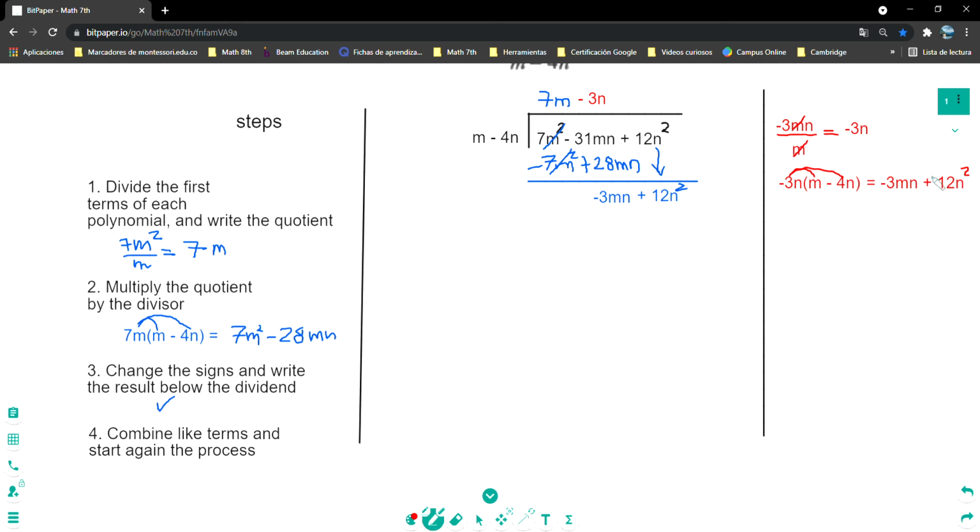Now we change the signs according to the third step. We change the signs and write it down here. So that will be plus 3mn, and then we have 12n squared, but we change the sign, that will be minus 12n squared.